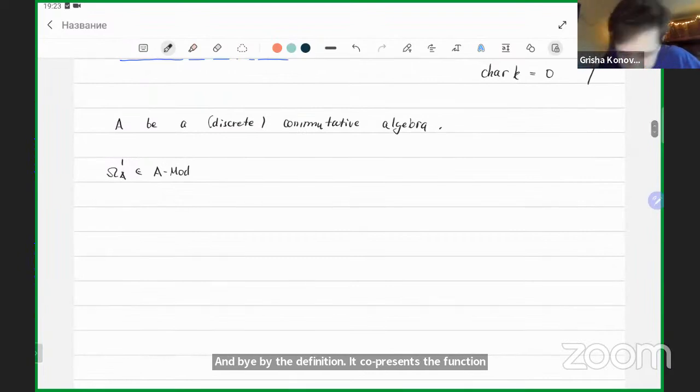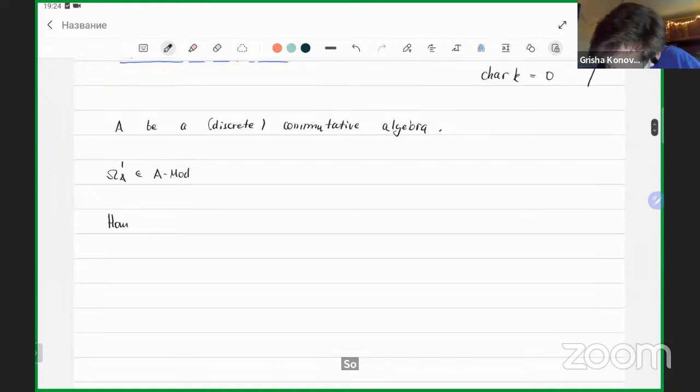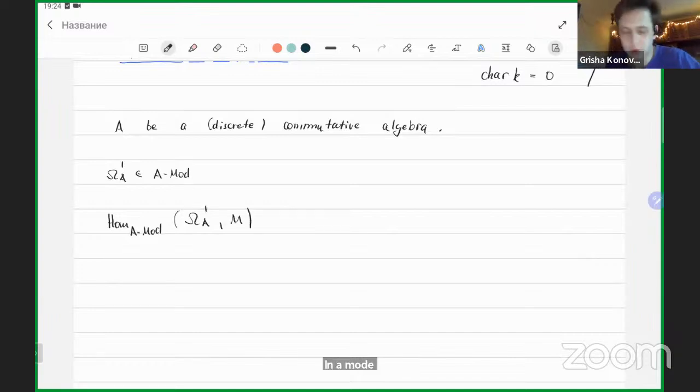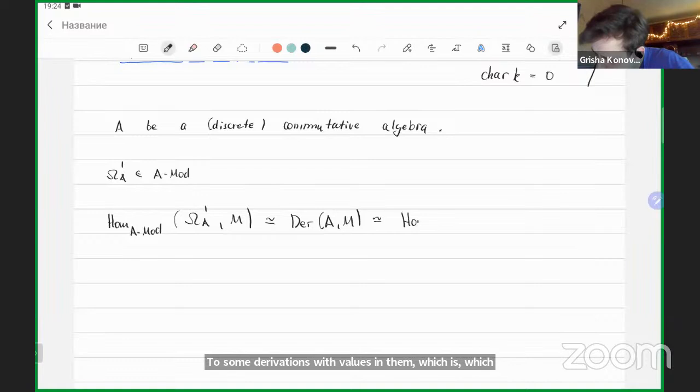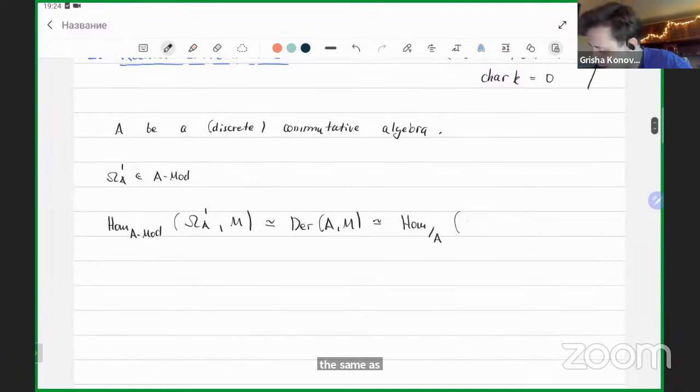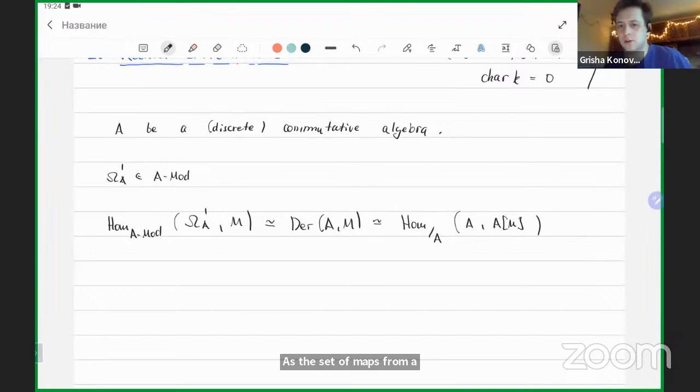So in A mod, maps from omega A to some A module M is isomorphic to derivations with values in M, which is the same as the set of maps from A to the trivial square zero extension of A by M over A.